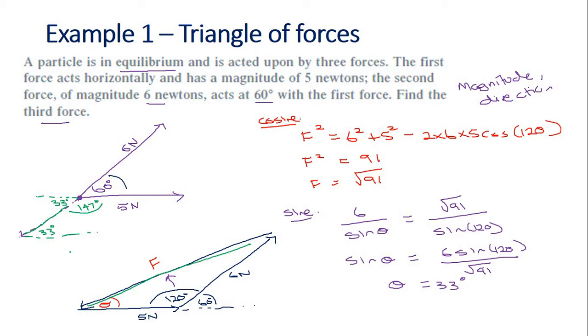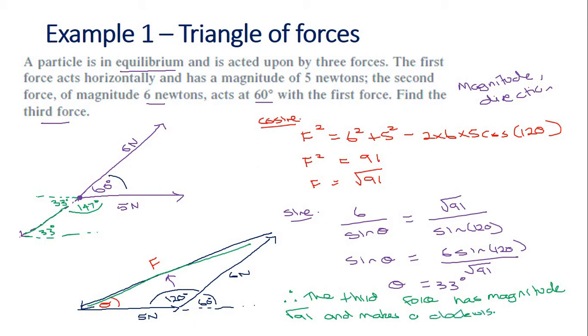So we need to describe the angle with reference to another force. So we would say, therefore, the third force has magnitude of square root of 91 and makes a clockwise angle of 147 degrees with the horizontal force.